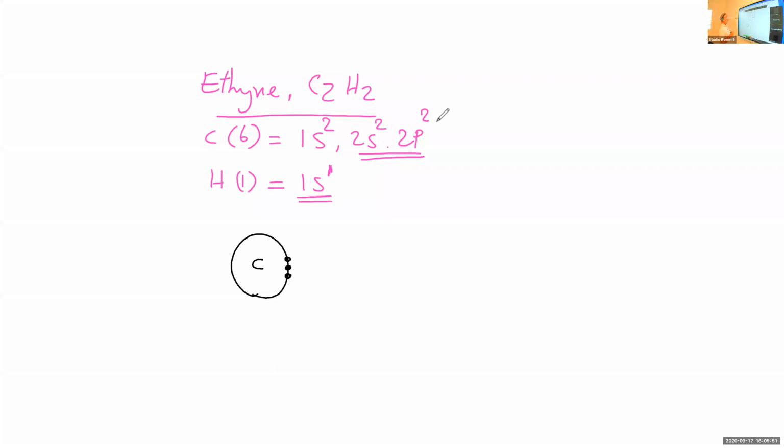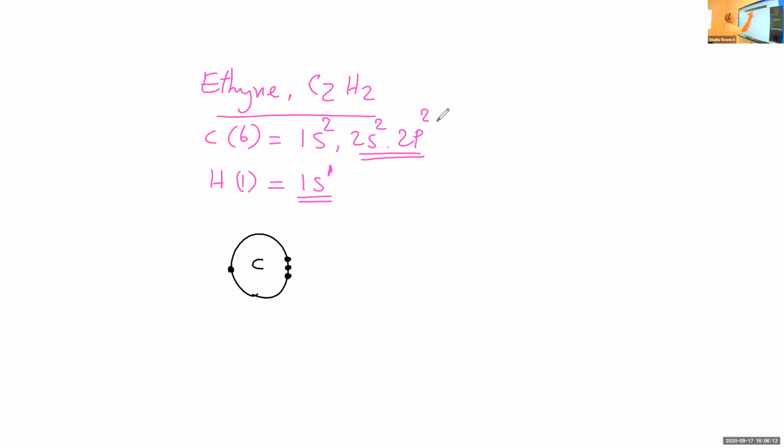There are only 4 electrons in the outermost shell of the carbon atom. Out of the 4 electrons, 3 are used for formation of the triple bond between the carbon atoms. So you can show the 3 electrons here for the formation of a triple bond. And here there is a single electron.